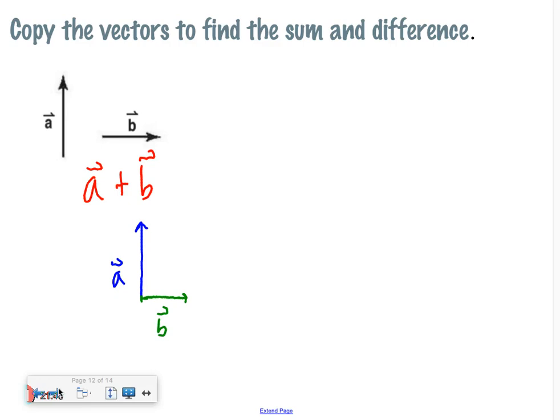We're going to finish off our parallelogram here, if you guys remember what that is. I'm just going to sketch in what my parallelogram would look like. Remember, your sides should try to be parallel and congruent, opposite sides. And then your actual answer is the vector that goes from where you started from to the opposite corner of your parallelogram. That is your end answer, the resultant vector.